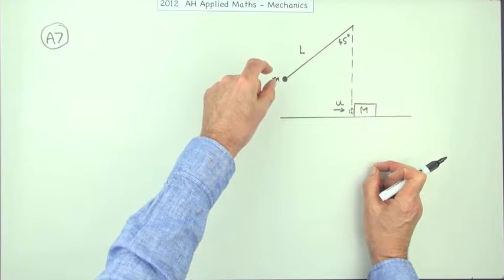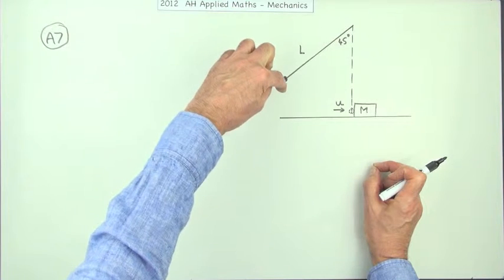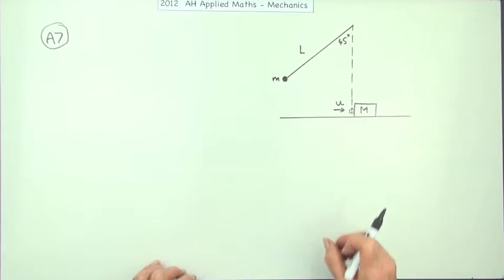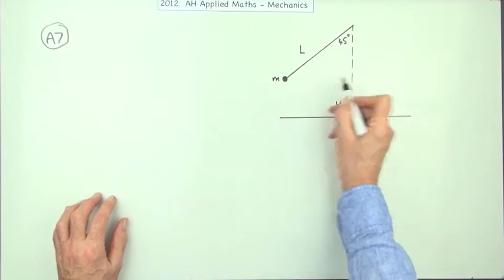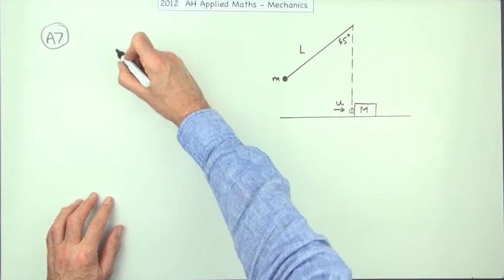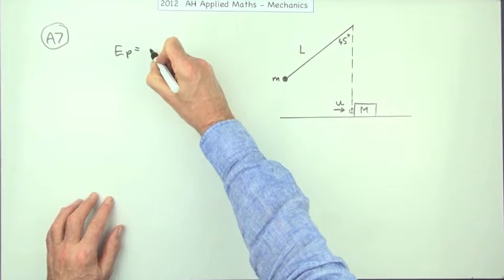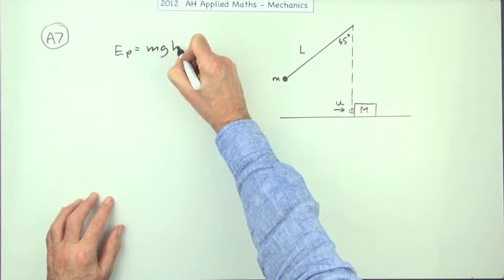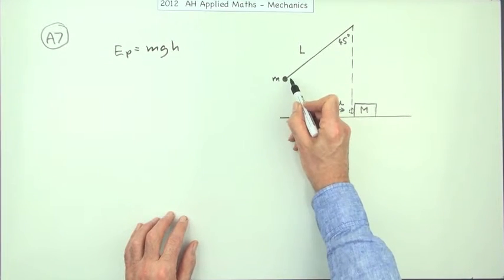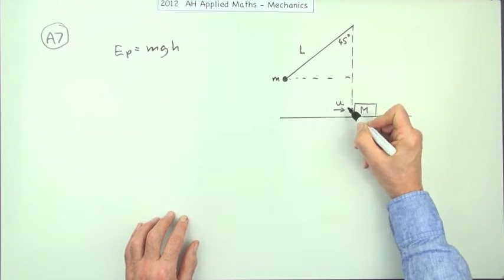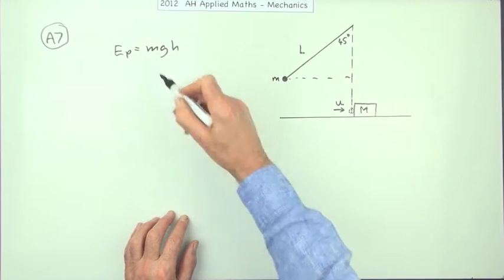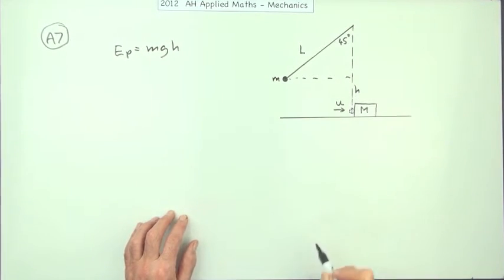Pulled up here, it's got some potential energy. When it's released, that potential energy transfers into kinetic energy. So how much potential energy did it have to begin with? The potential energy would be mgh, where h is this difference in height. We'll just call it h, where h is this distance here.